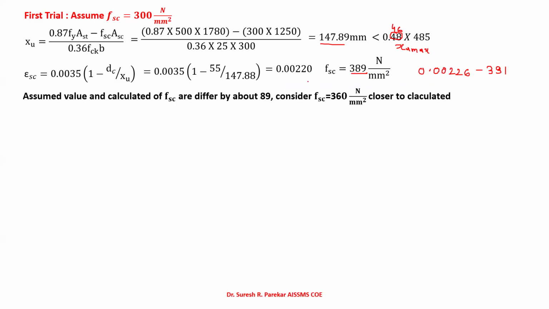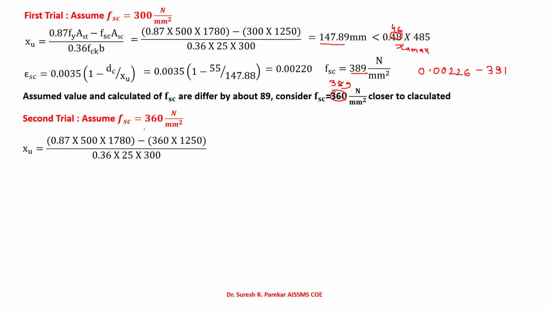Then considering the value 389, FSC differs actually by 300 and 390, so we have considered 389 closer to the calculated.